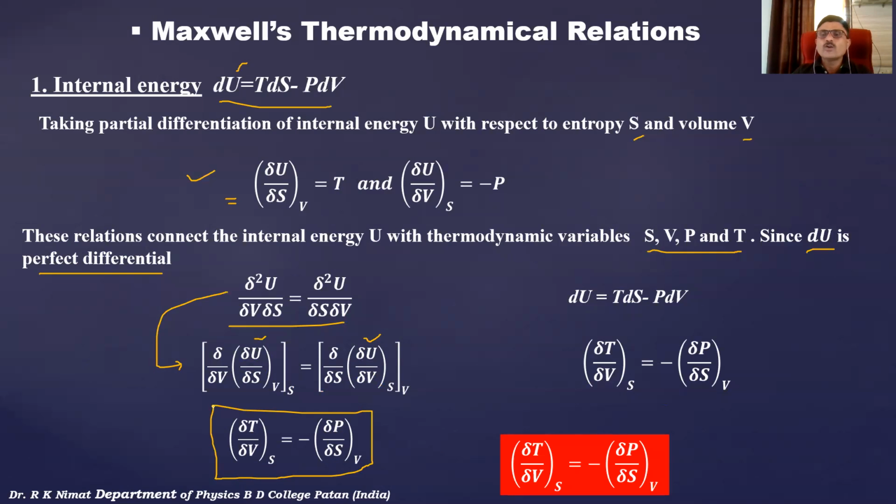So it is very easy to derive Maxwell's relation. The same equation can be derived using the condition of the perfect differential equation that we have discussed. So dU is equal to T dS minus P dV. This is in the form of dz is equal to M dx plus N dy.